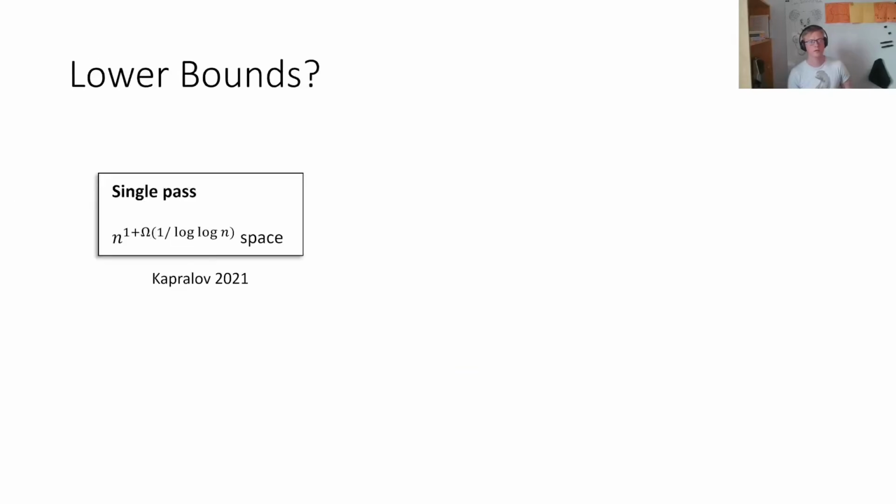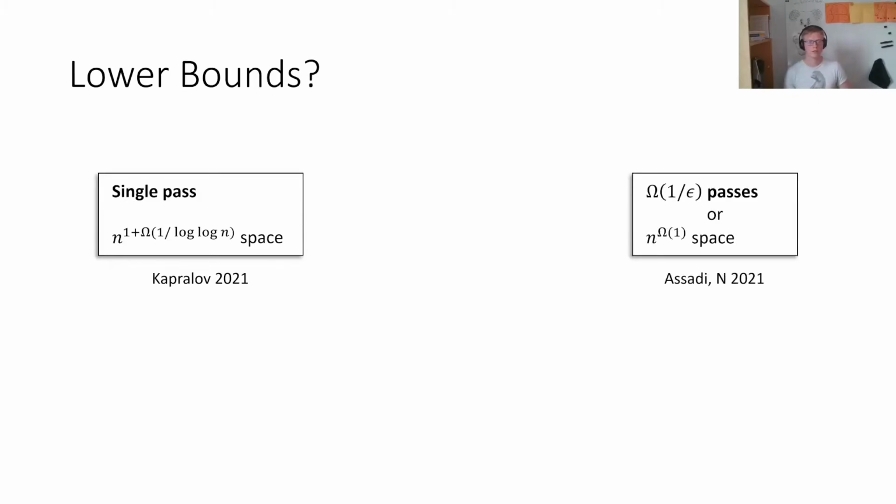And then a few words about lower bounds. It is known that in a single pass you need a bit more than linear amount of space. On the other hand, it's known that if you go to linear amount of space, then you will need at least 1/epsilon passes.